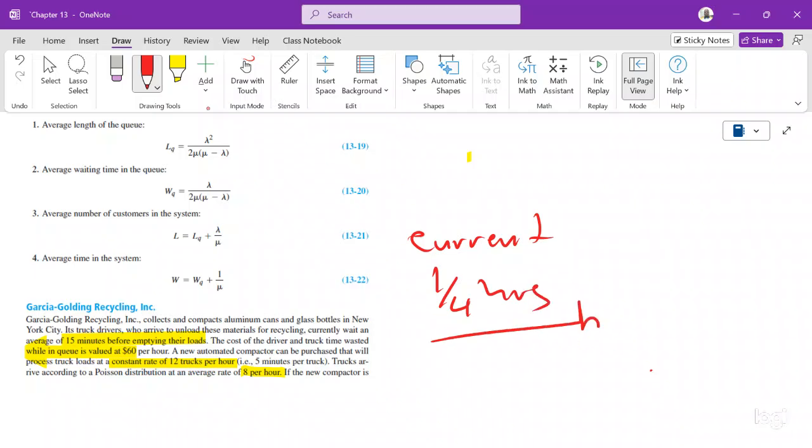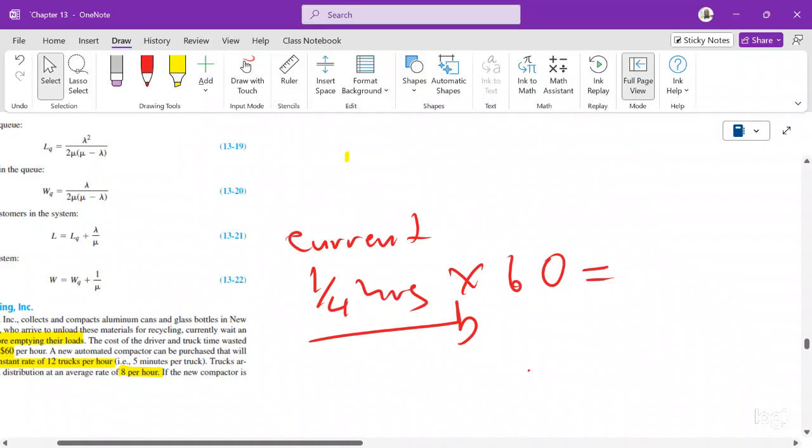So this one is 8 actually. Then 8 over 2 times 12, open bracket, 12 minus 8. So we have this as 1 over 12.